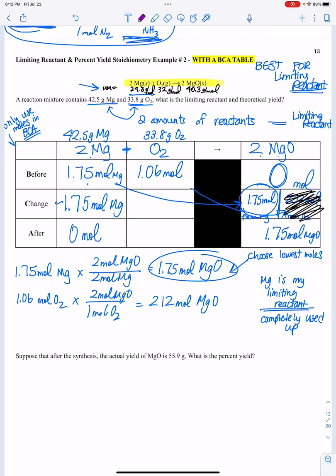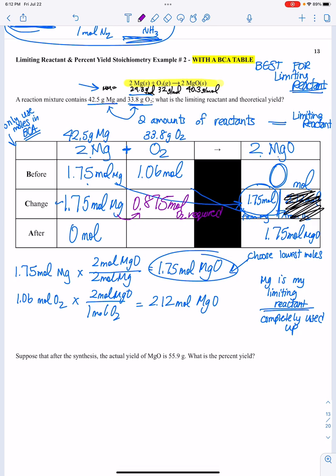This is the first time we're going to look at excess now. Right, so if I have 1.75 moles of Mg, I need half the amount of this for O2. 1.75 divided by 2, 0.875 moles of O2 are required. And I have 1.06.